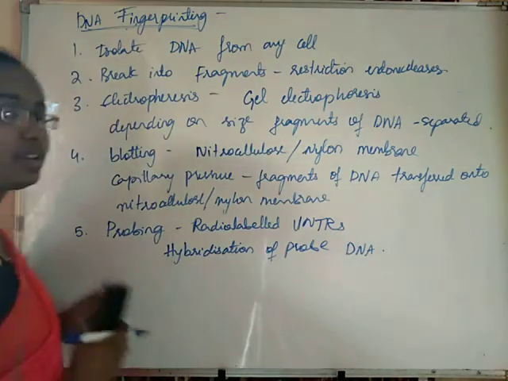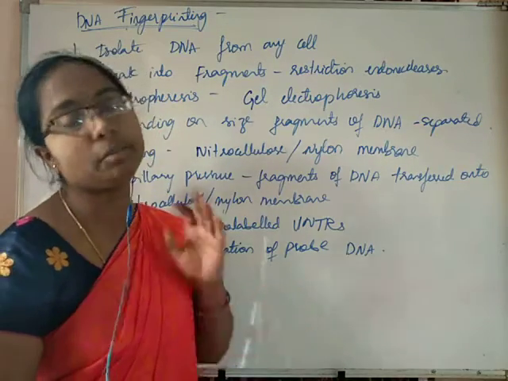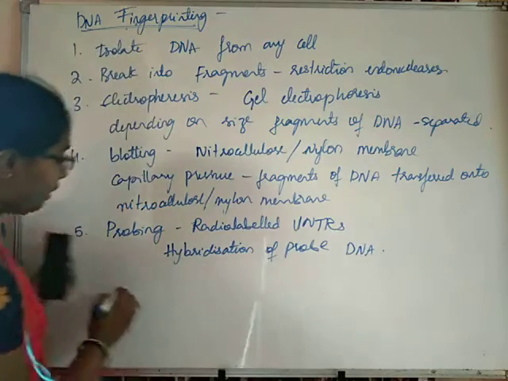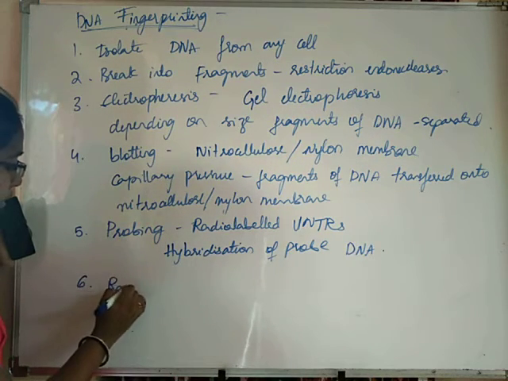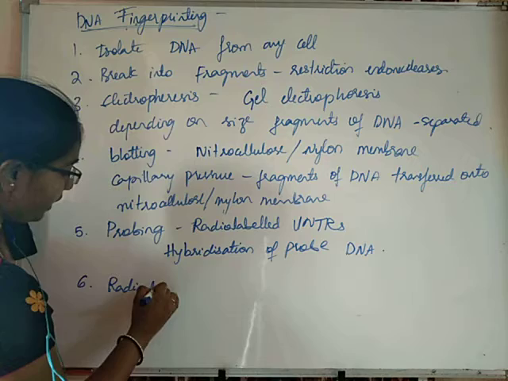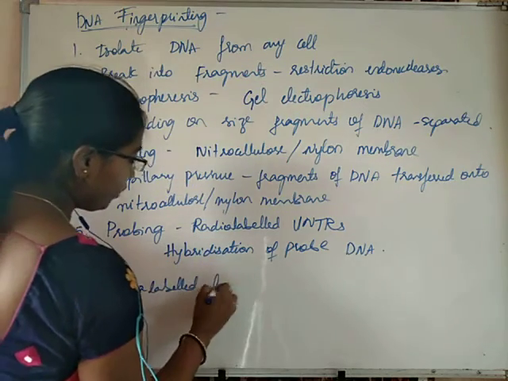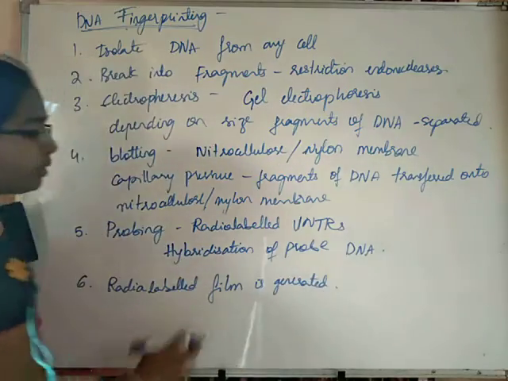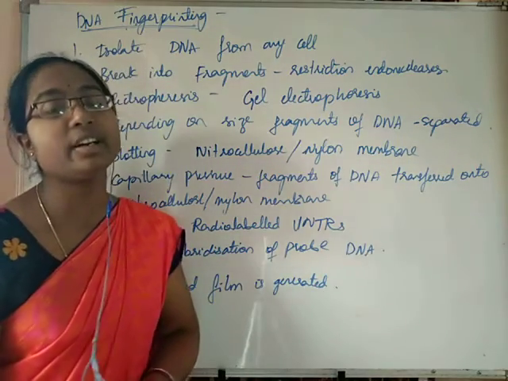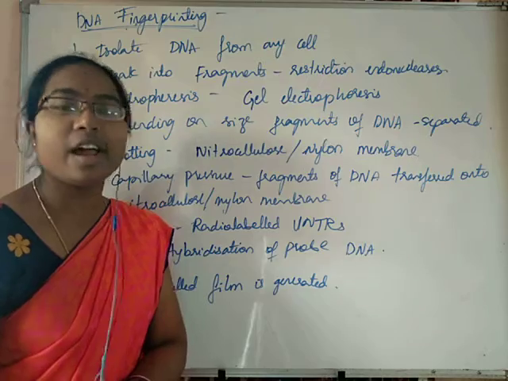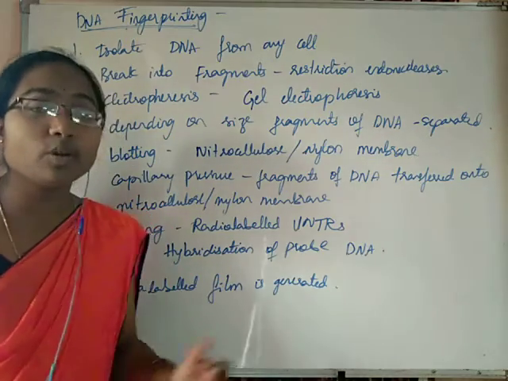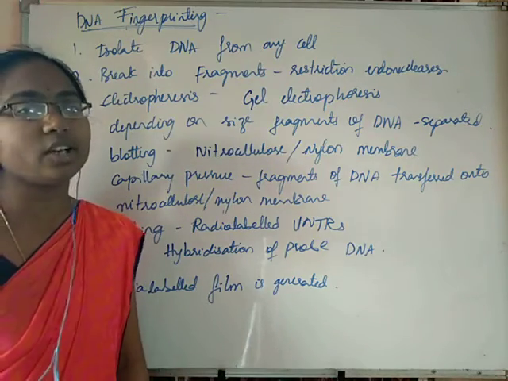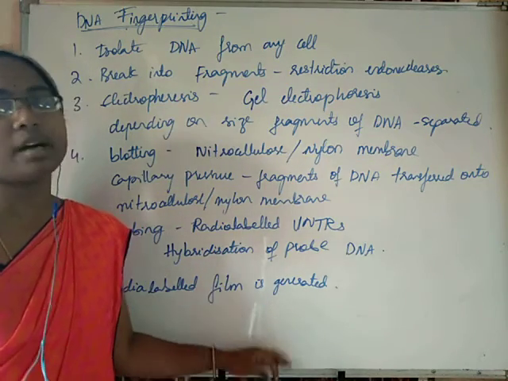That means pairing between the probe DNA and the individual's DNA occurs. Then a radio labeled film is generated, and we observe it and compare it with the films of other individuals. We can identify whom this person belongs to, whether this person is the same as that person, or who is the father or mother of this person.